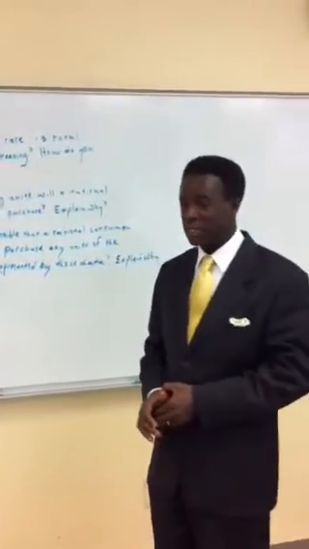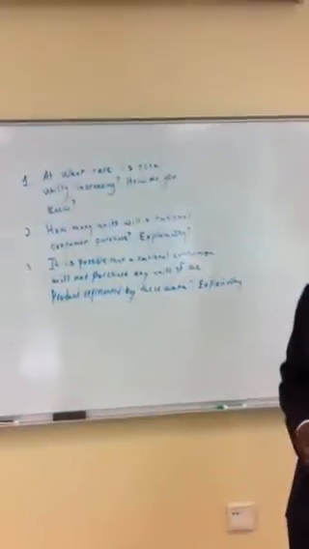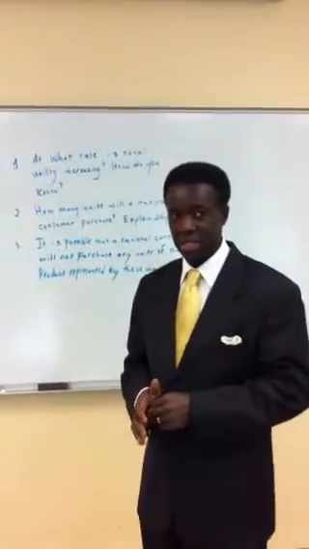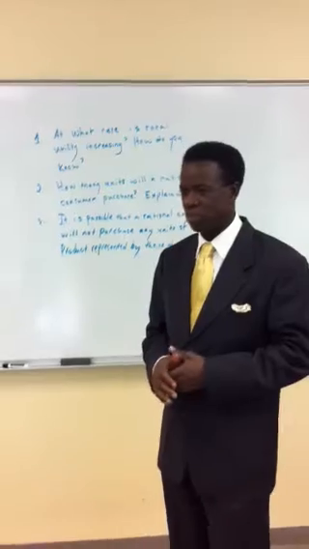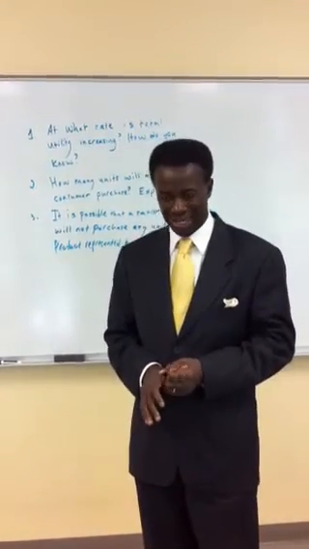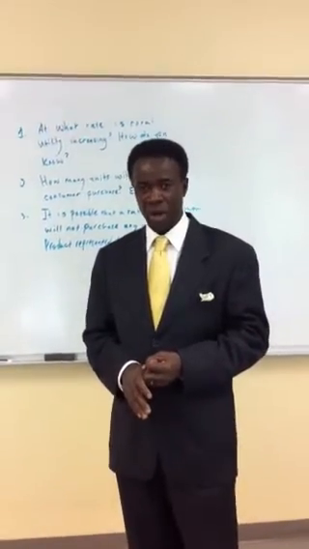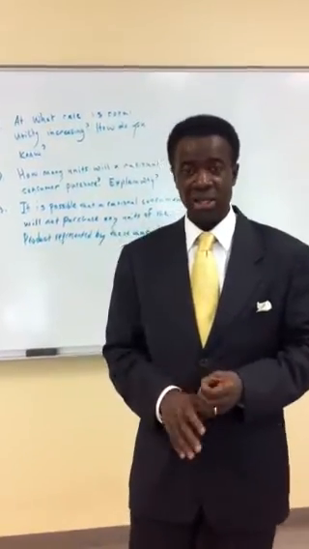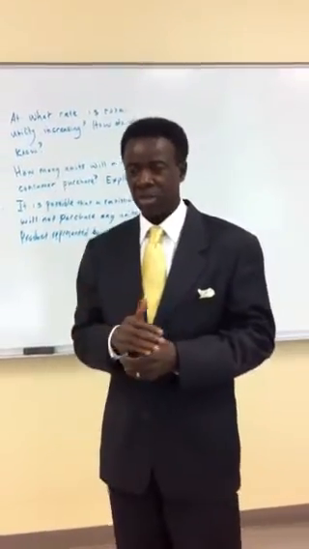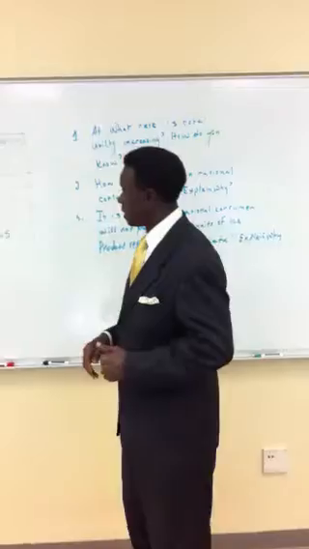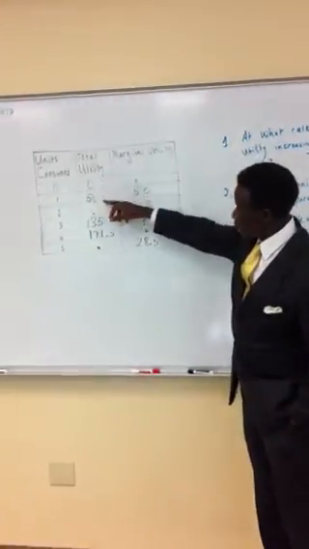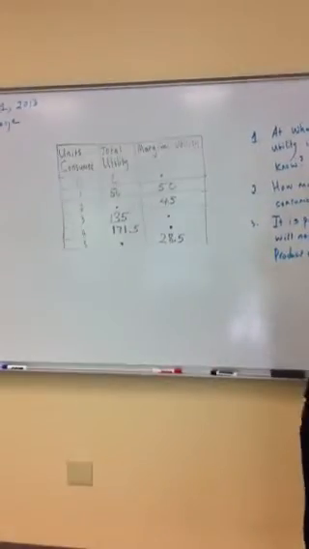Now I want to explain to you the relationship between total utility and marginal utility. Total utility is made up by the sum of the marginal utility. So, for example, this is the total utility, okay?